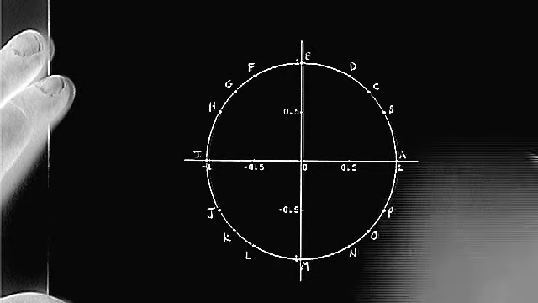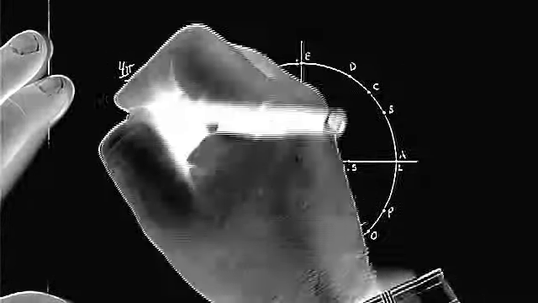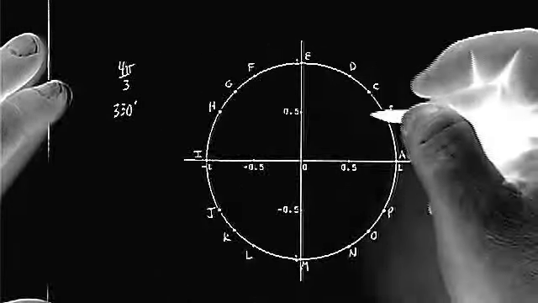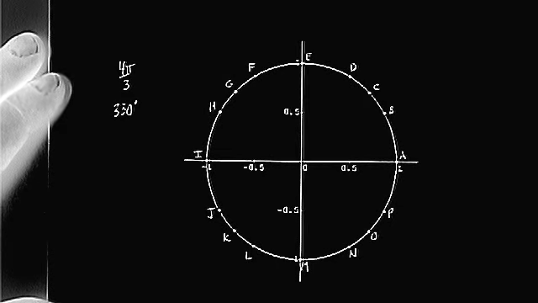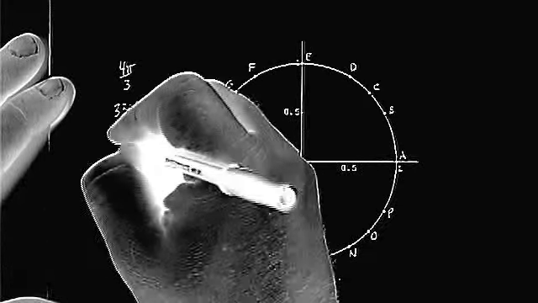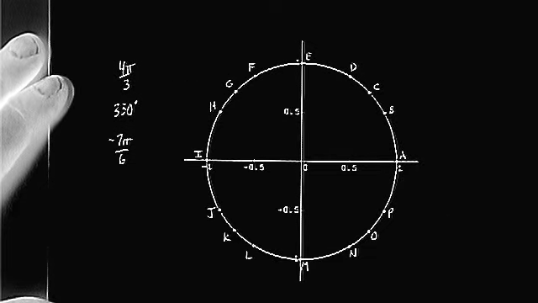My first one was 4 pi over 3. Then I had 330 degrees. Then I had negative 7 pi over 6.